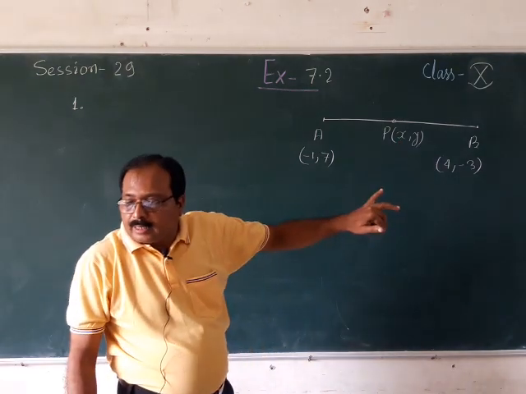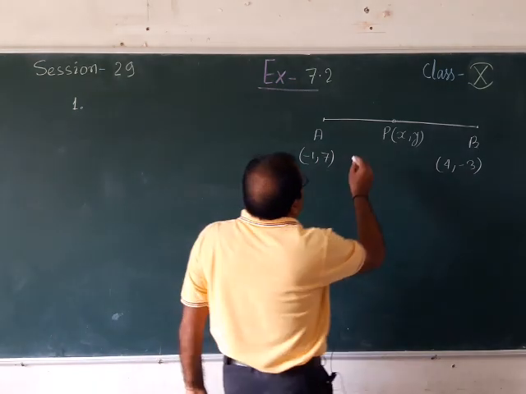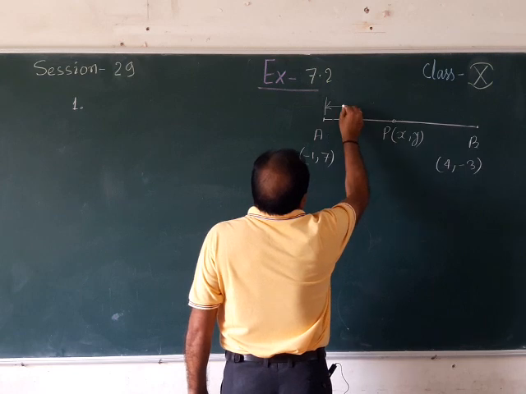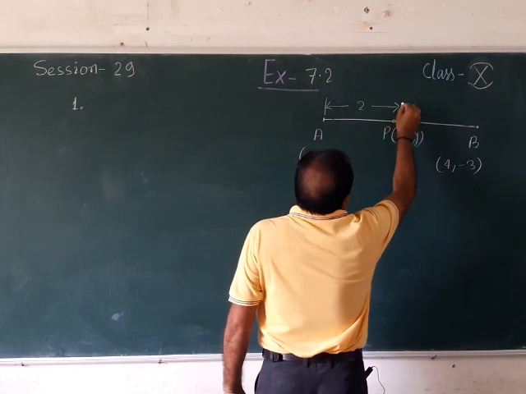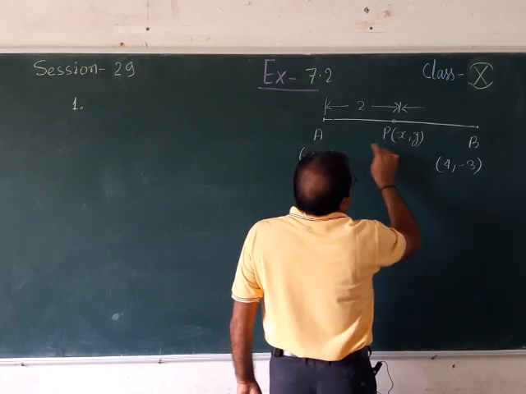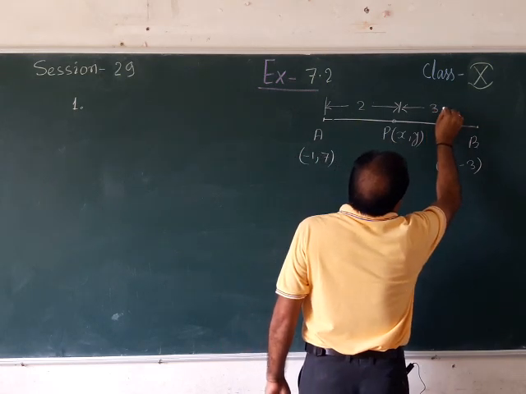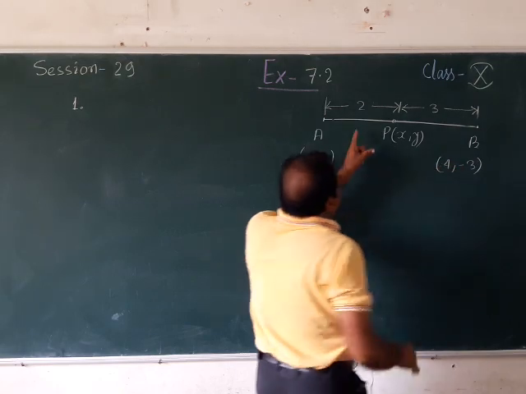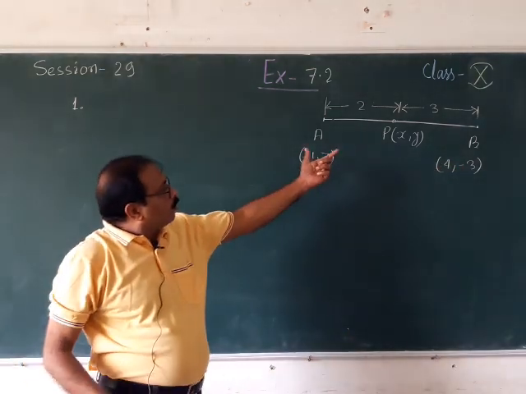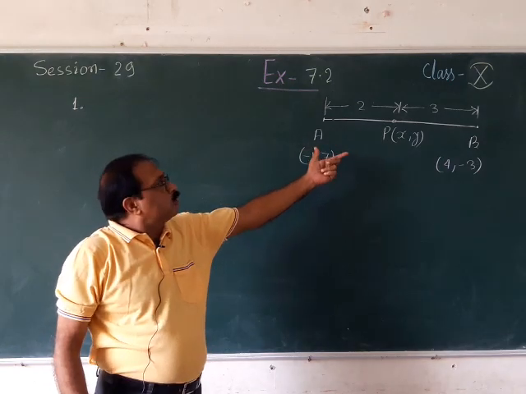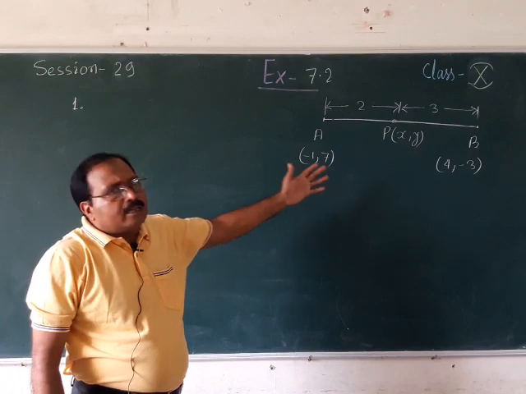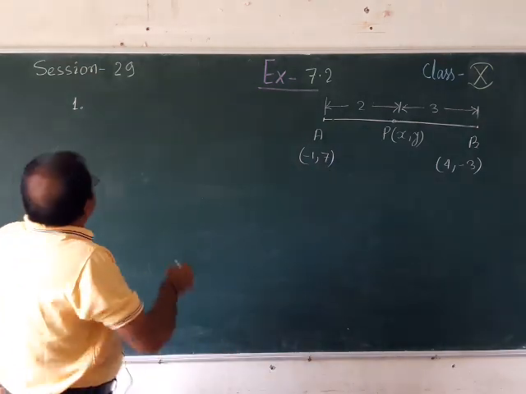One more thing is given: it is dividing the segment in the ratio m1 and m2. That means if AP is 2 parts, then PB is 3 parts. So 2:3 refers to the distance of AP and PB; suppose AP is 2 centimeters, then PB is 3 centimeters.